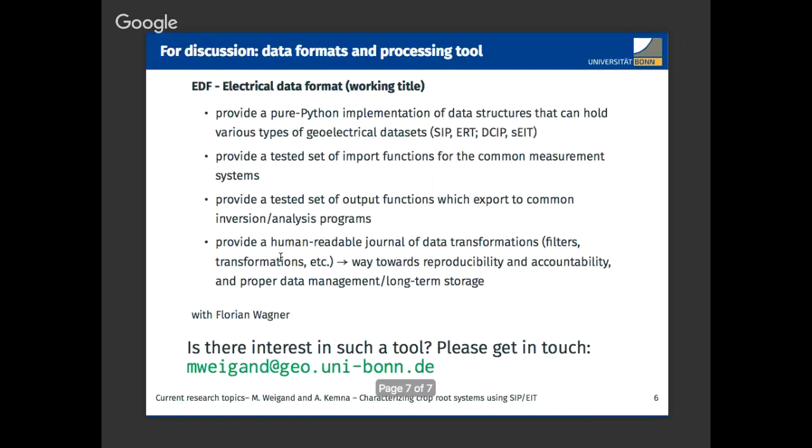And then, as a last-minute addition, we in the geophysics group here in Bonn have been thinking about putting together a Python library for importing, exporting, and working with electrical data from various systems: SIP, EIT, ERT, DC/IP measurements.